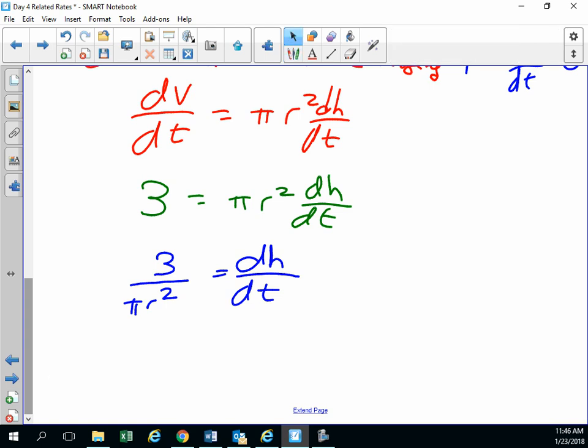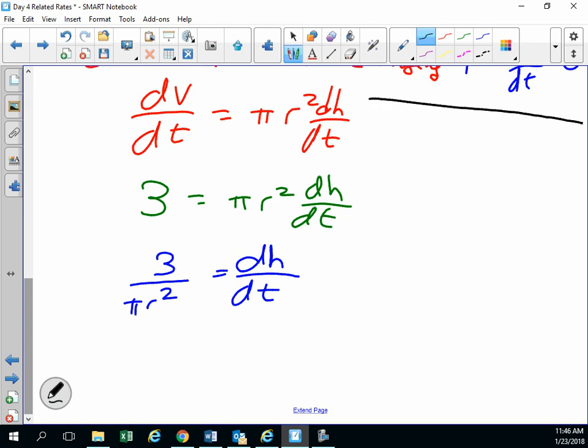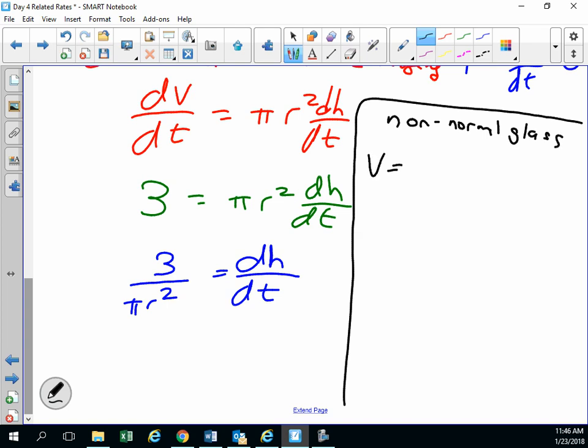Now I have a question for you. If I didn't know that it's a normal glass, well, if I know that it could be expanding this way, I had dVdt equaling pi r squared dHdt plus 2 pi rh drdt. Can I still solve for dHdt?